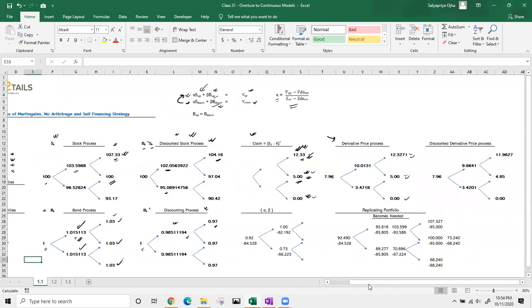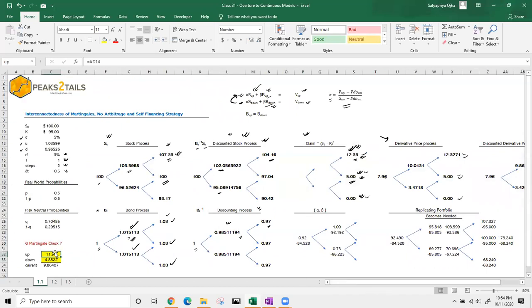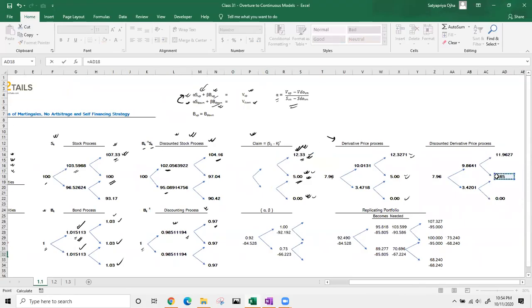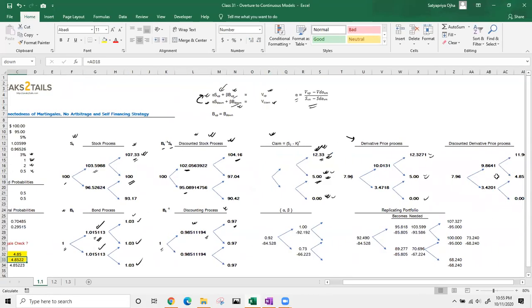So if you take the other two values, this is the upstate and this is the downstate. So I'm standing here today. I'm looking at future prices. These two are the future possible prices. There is no other future possible price.